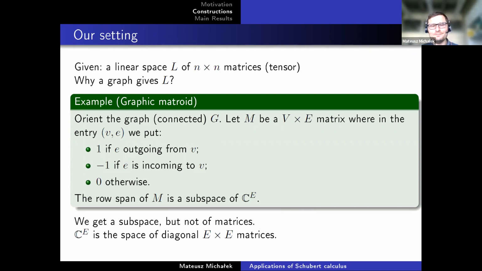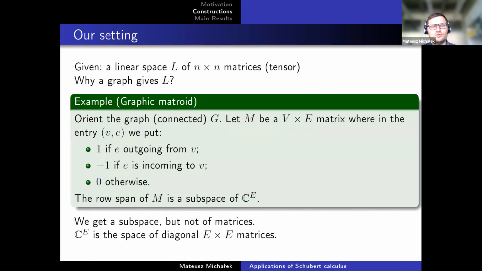Okay, so this is one matrix. It's not a square matrix, it doesn't have to be, and it's not a space of matrices, but this is just one matrix. And the row span of this matrix is a subspace of the vector space C^E.